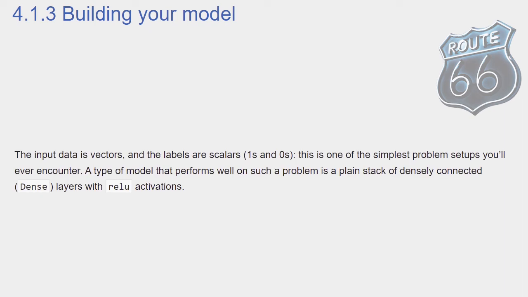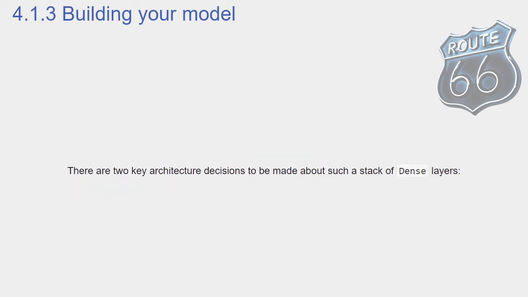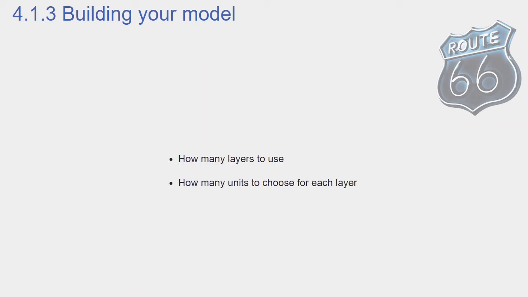Section 4.1.3. Building your model. The input data is vectors, and the labels are scalars, ones and zeros. This is one of the simplest problem setups you'll ever encounter. A type of model that performs well on such a problem is a plain stack of densely connected (Dense) layers with ReLU activations. There are two key architecture decisions to be made about such a stack of Dense layers.